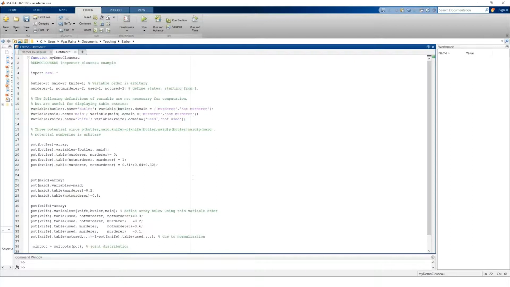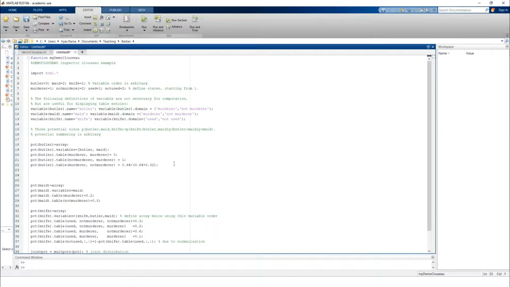But now let's consider the final situation where neither are murderers. So this is the probability of the butler being not murderer given that the maid is not murderer. This is simply going to be 1 minus the value above because probabilities sum to 1, as the given bit is the exact same in both cases here, not murderer.